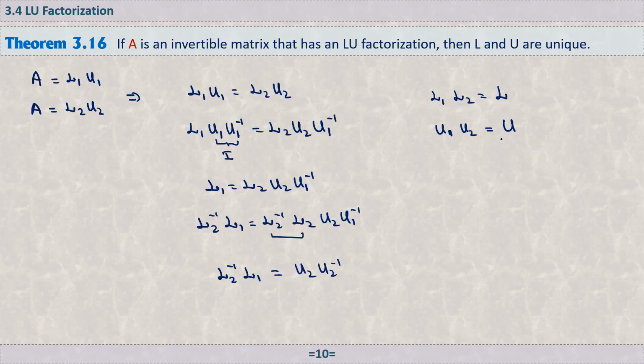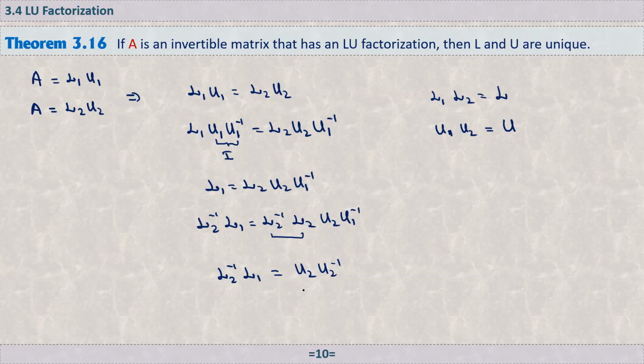Actually, it is given as an exercise. You have to prove it when you're practicing those questions. Also, the inverse of a lower triangular matrix is again a lower triangular matrix. And the inverse of an upper triangular matrix is also an upper triangular matrix.